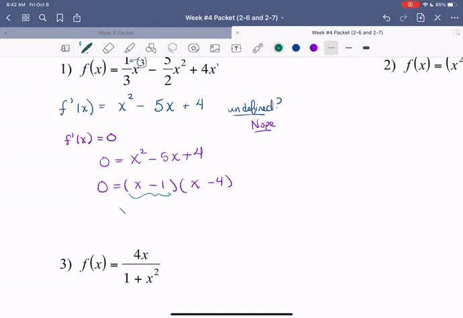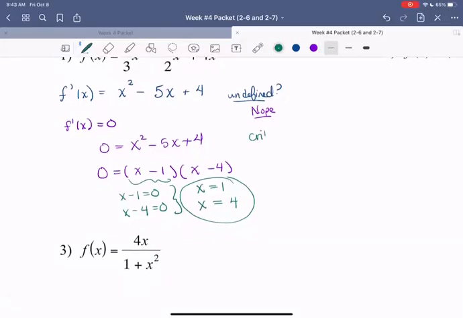So that gives me x minus 1 equals 0 or x minus 4 equals 0. So what does that tell us? Well, in the first case, x is equal to 1. In the second case, x is equal to 4. So my two critical points are x equals 1 and 4. So I'm going to summarize that here. Critical points are at x equals 1, 4.